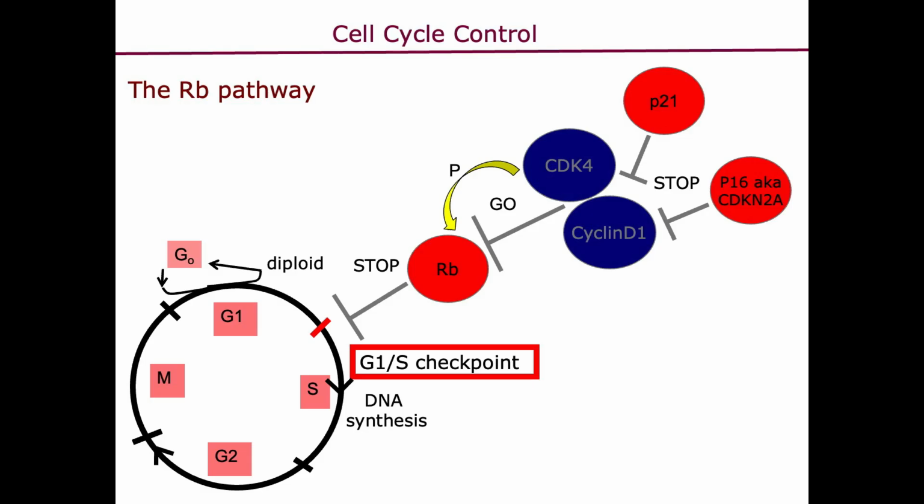These in turn tend to be regulated by proteins which stop them from phosphorylating RB, and among the proteins which can do this are P21 and P16, shown here in red. So you have alternating stop-go signals as you go down this pathway, with the proteins at the top which stop the kinases from stopping the retinoblastoma gene having the same effect as the retinoblastoma protein. They stop the cell cycle.